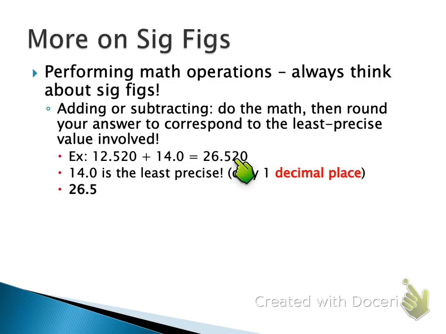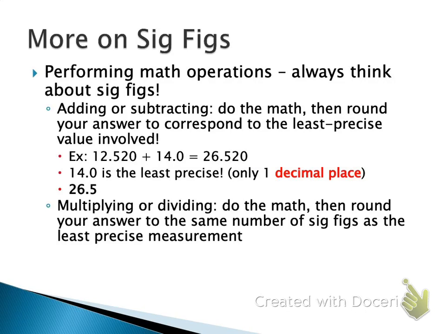Okay? What questions do we have about adding and subtracting? Add and subtract, you look at decimal places. Multiplying or dividing are when we are considering our significant figures, not just our decimal places. So when we multiply and divide, we do the math, then we round to our fewest number of Sig Figs.